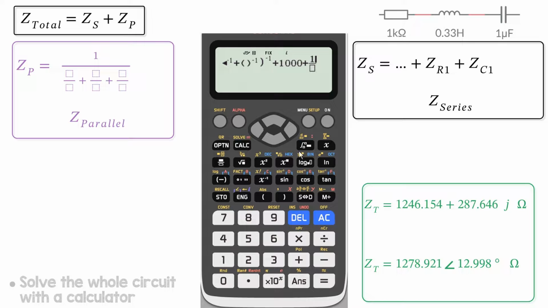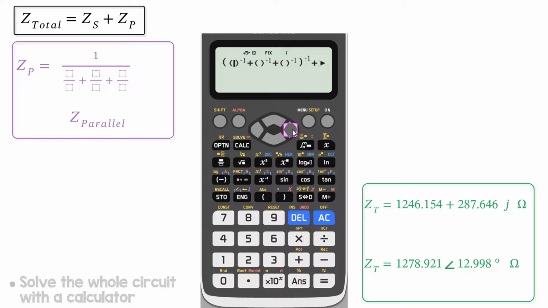Then we're going to add the capacitor, 1 over 2 pi times 500 hertz times 1 times 10 to the minus 6 farads, J or I, don't forget the J. Press to the right, and then add the inductive reactance, 2 pi FL, 2 pi times 500 hertz times 0.33 henries, J, the complex operator. So that's the series part, and then I go back to the parallel part.